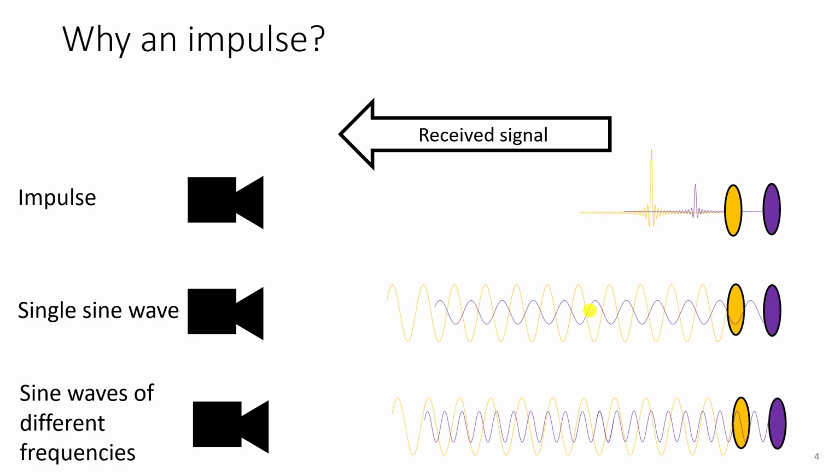But what we've learned from the Fourier transform is that sine waves of different frequencies can be separated. And if we can somehow cause the return from each object to be a different frequency, we can then separate those returns and measure the range to each object. But this brings up a question of, well, why don't we just stick with using an impulse?